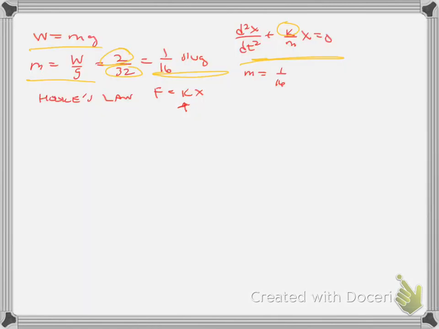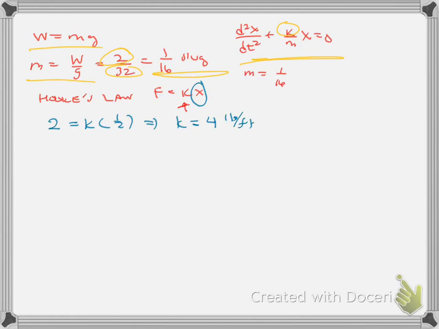So it would be 2 equals k times 1/2, because remember we changed. In this case, x is representing how far it's stretching the spring, the elongation. 6 inches changed to feet is a half a foot. Okay, and so that tells us k is equal to 4, in pounds per foot.